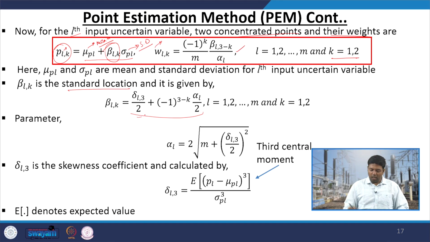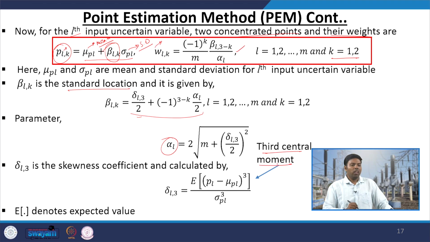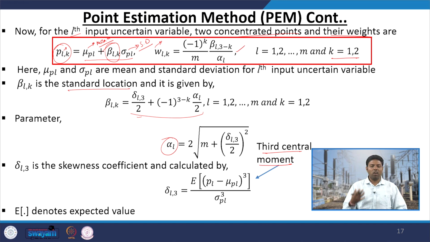This beta value will be calculated with this alpha, and it is dependent upon the third central moment. You will calculate the third central moment for doing the 2-point estimation method. So, depending upon which point estimation method you are adopting, you have to change that central moment calculation accordingly.